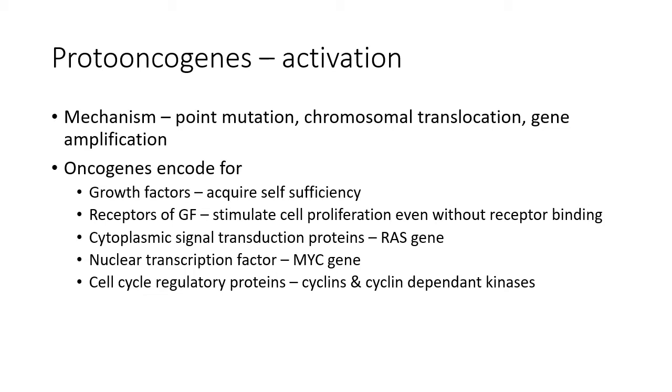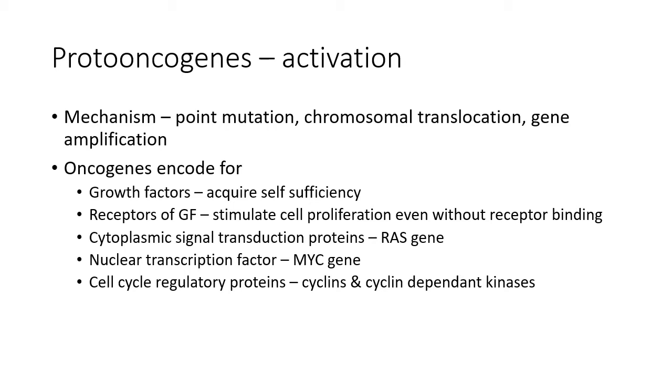These oncogenes encode for receptors of growth factors also. Receptors are transmembrane proteins present on the cell surface on which these growth factors bind, and they start a series of actions.